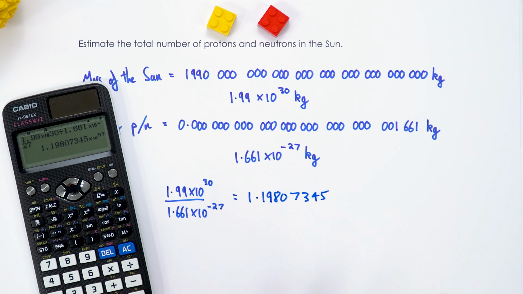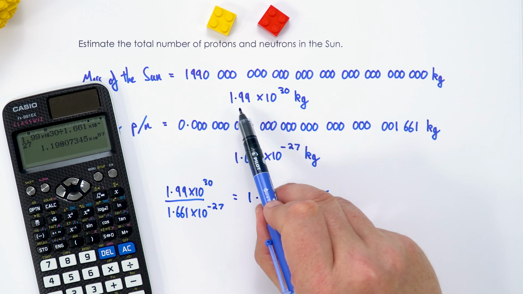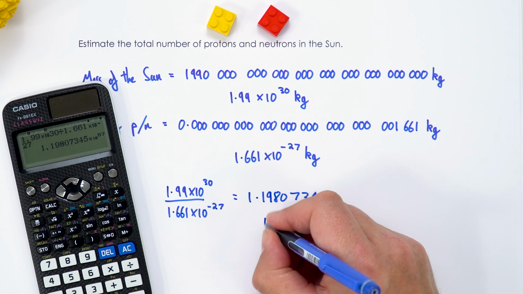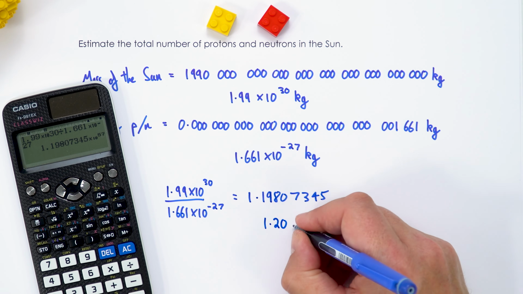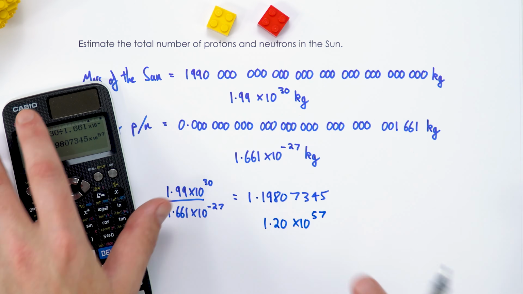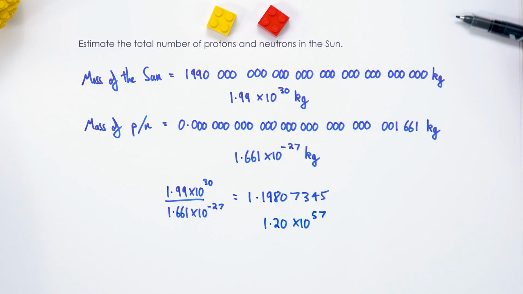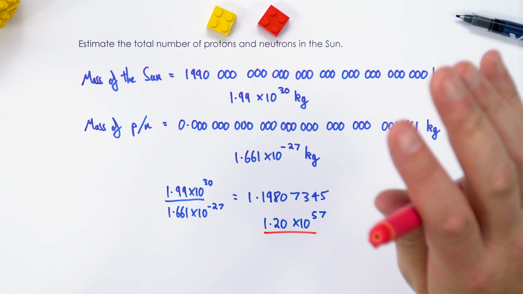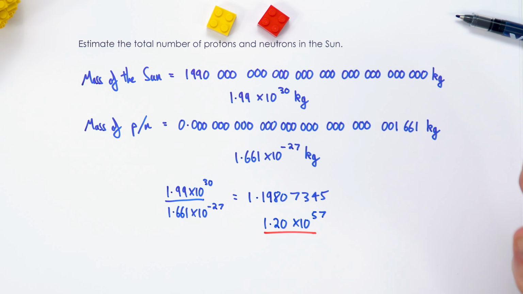But of course, that's not the best way to display it. We've got 3 significant figures there, so we could say this is equal to 1.20 times 10 to the 57. So that is the overall answer for the question. There are approximately 1.20 times 10 to the 57 protons and neutrons in the Sun.